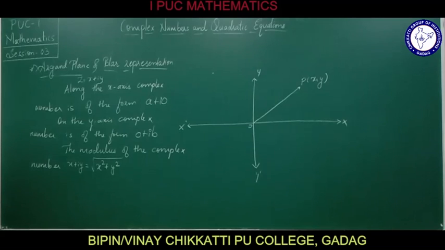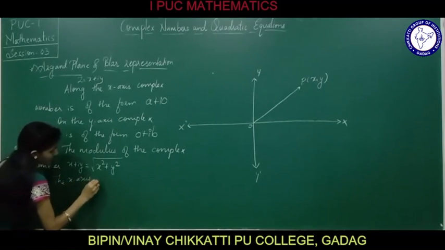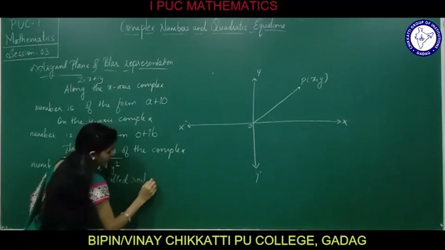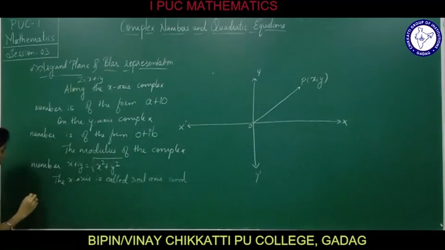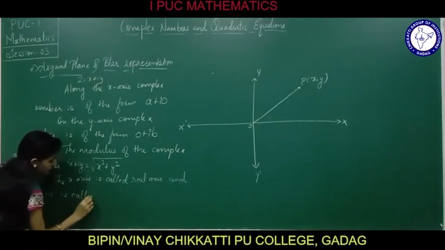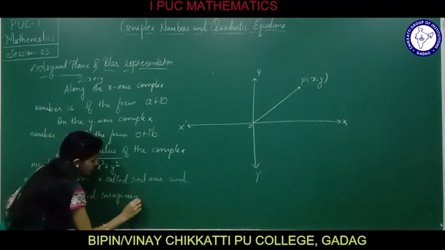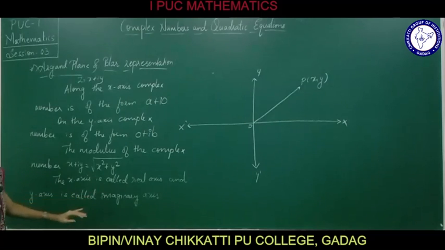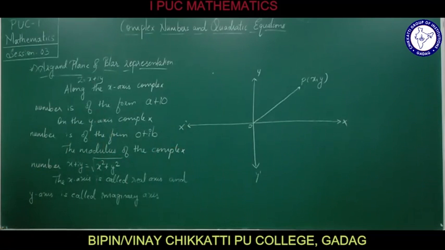The x-axis is called the real axis and the y-axis is called the imaginary axis.